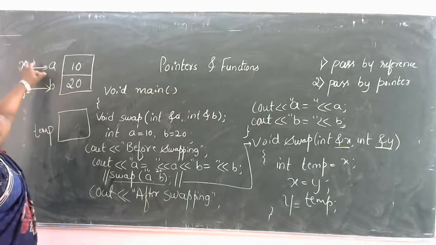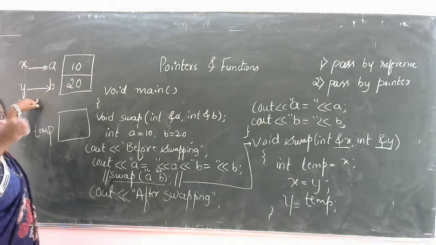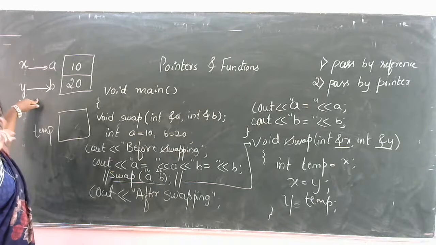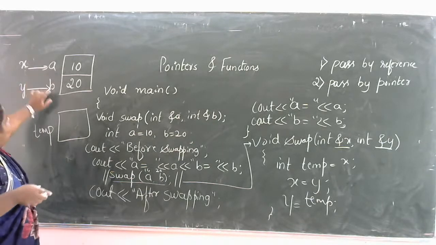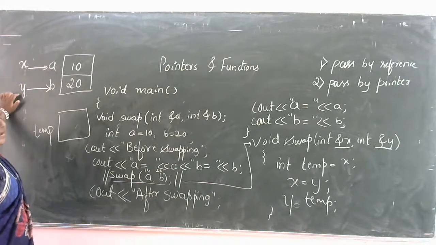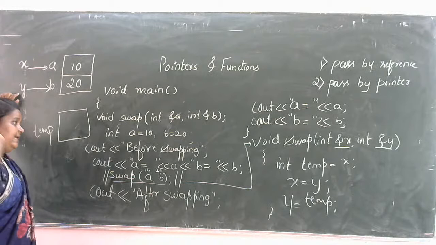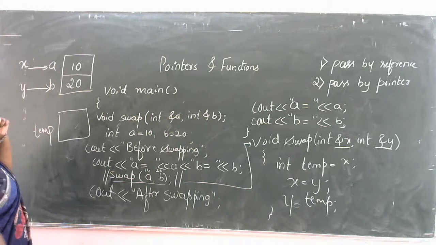A has the alias name X, B has the alias name Y. A and X, B and Y are references to the same memory. Here what is the value of X?